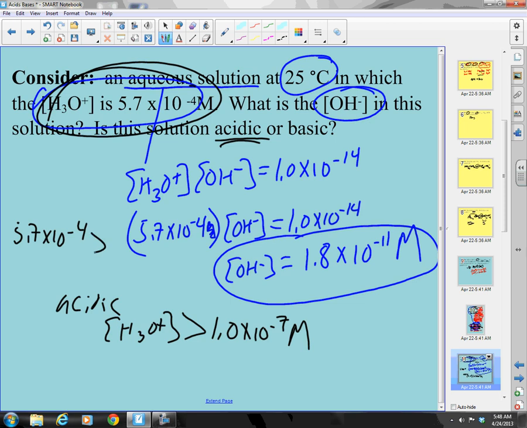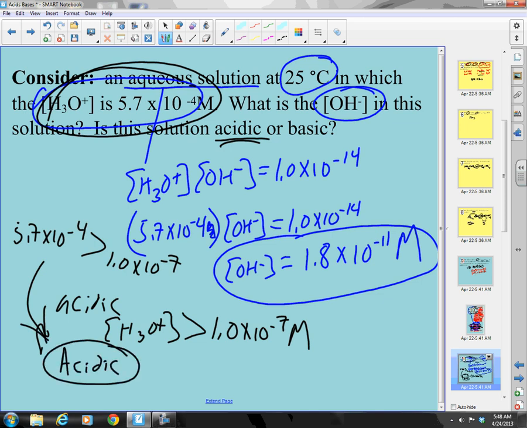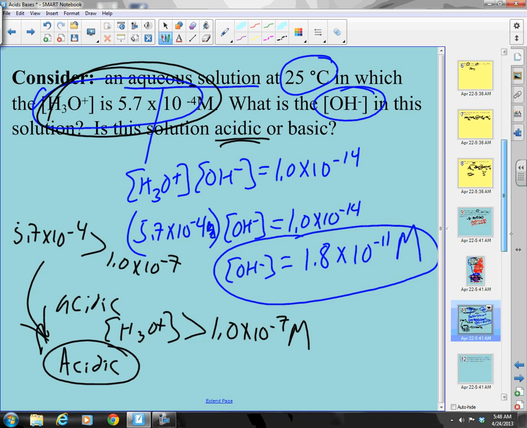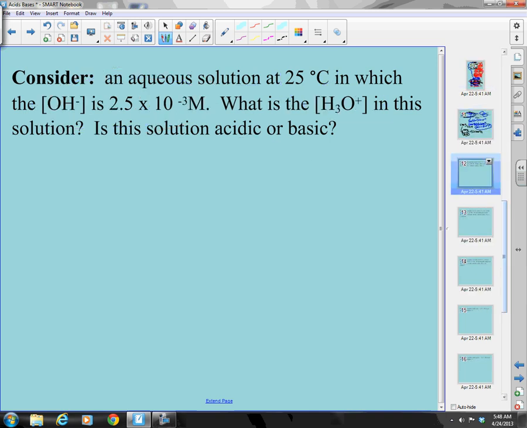Is that greater than 1.0 times 10 to the minus 7th? Yes. So that means this is acidic. There we go. Woohoo! I like this pH stuff. Whoops, it's not pH. This is just acid-base stuff. All right, you do this. Bring me back when you're ready.